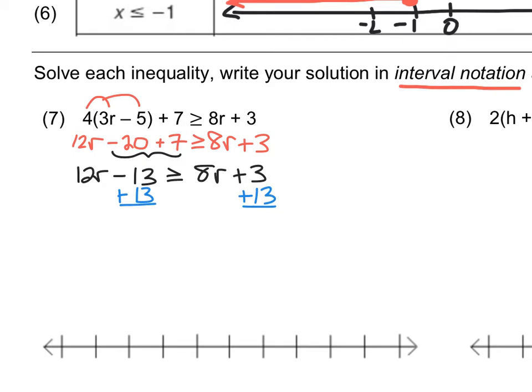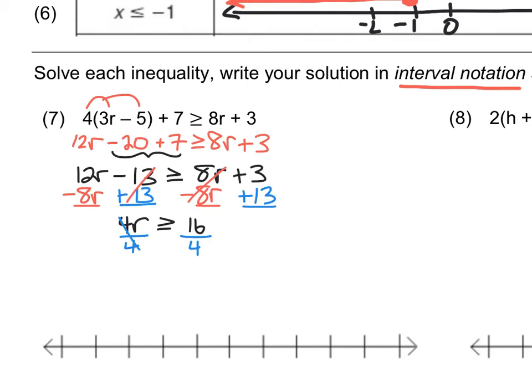We added 13 to both sides. At the same time we could have subtracted 8r. All covered under the addition property of inequalities. So 4r greater than or equal to 16.